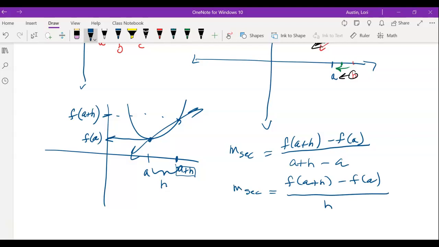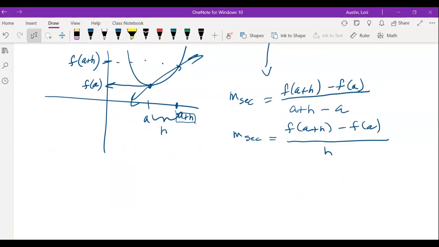I don't want the slope of the secant line, though. What do I want? I want the slope of the tangent line at A. You just did a whole unit on limits. In other words, I want that h value to get smaller and smaller and smaller, correct? To the point, if h became 0, wouldn't I be right at A?